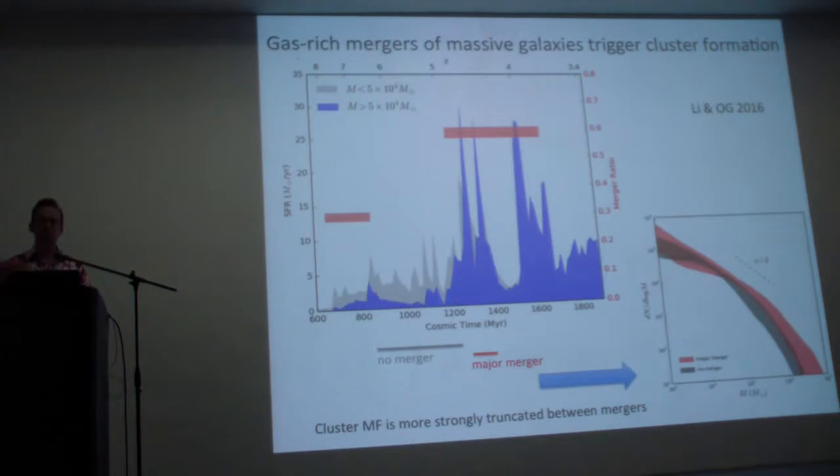They will be disrupted by their own dynamical evolution in 10 billion years. In the blue, there are clusters with masses above 50,000 that have a chance of becoming globular clusters at the present time. And in red, these are durations of gas-rich mergers that this galaxy experiences in the simulation.